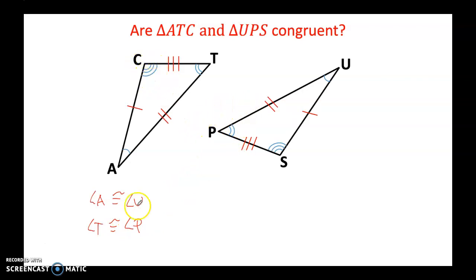Angle C with three arcs is congruent to angle S because they are the same markings. Next, segment AT with two tick markings is congruent to segment UP.